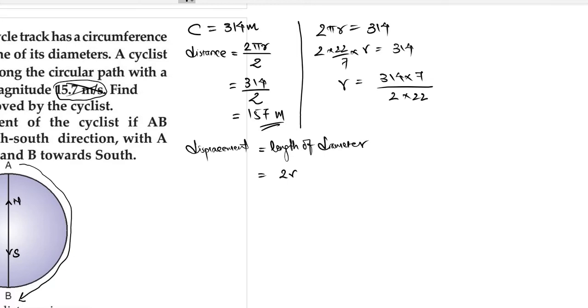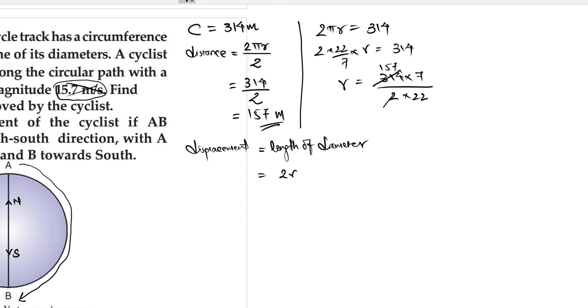right? Now if you divide 314 by 2, what would you get? We just divided 314 by 2 and we got 157. So 157 into 7 by 22. Is 157 divisible by 22? No, it is not.